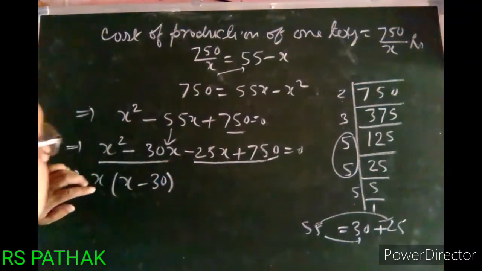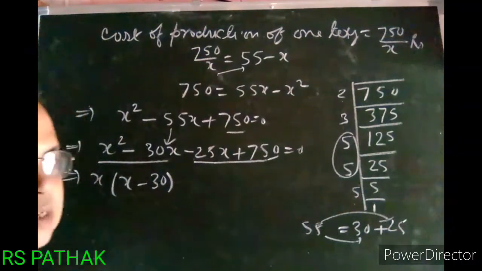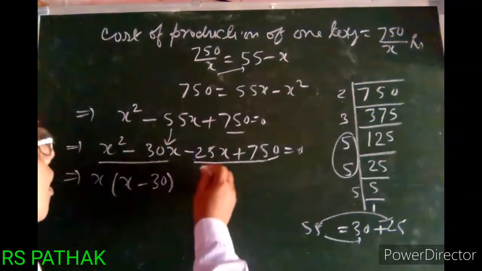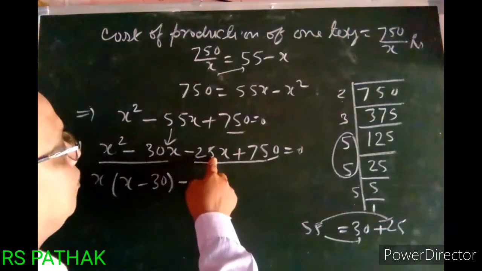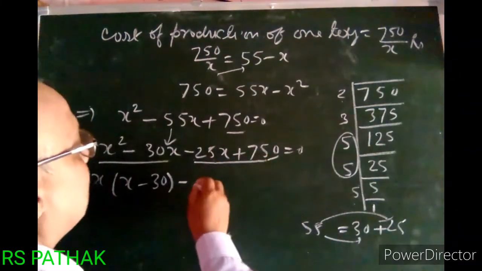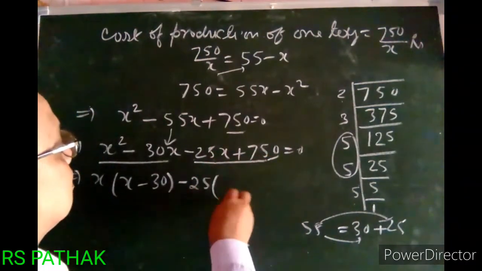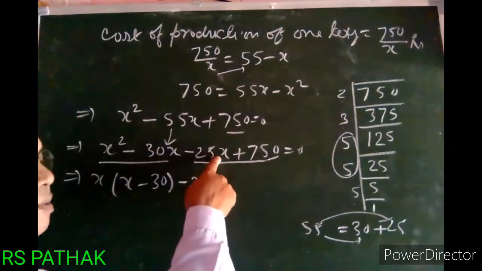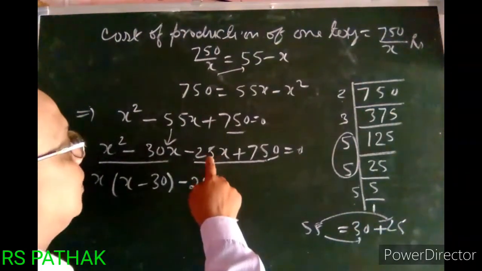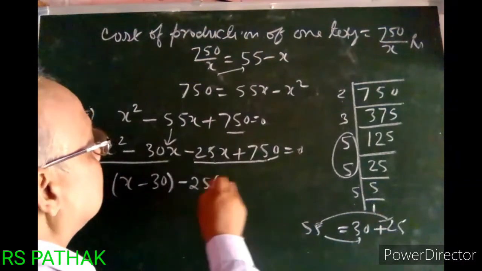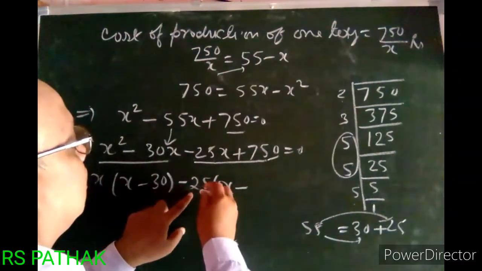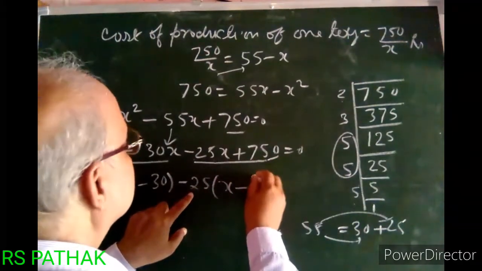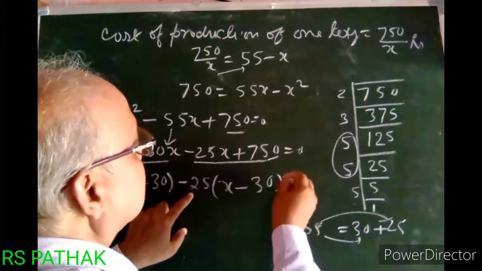The work of the first group is finished. Now the second group will start with minus sign, 25 and 750, 25 is common. 25 divided by 25 is cancelled, x will remain. Due to the minus sign, this plus will change to minus. 25 times 3 is 75, 30 gives 750, bracket closed.